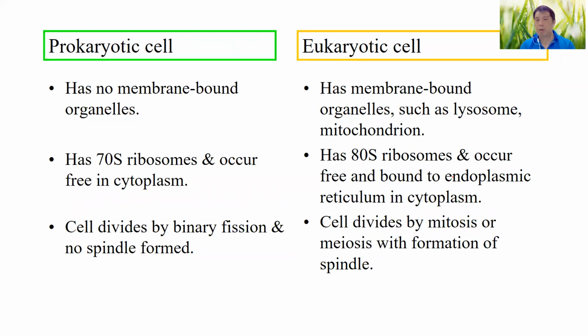So there are two types of ribosome here: one is free, suspended in the cytoplasm, whereas the other is attached to the endoplasmic reticulum.